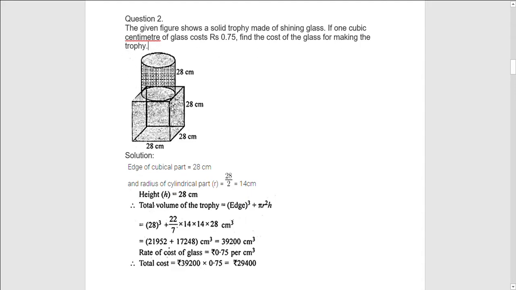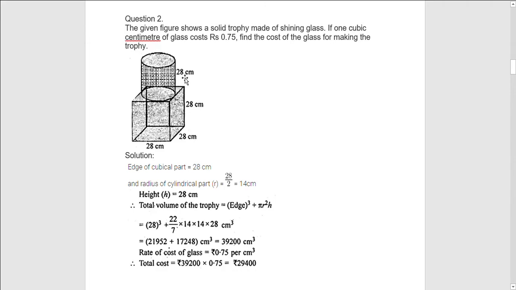Now as I told you in the beginning, whatever you are asked to find, you have to break the solid figure. So this solid figure is made up of what? One is a cube. You can see all the sides are equal, it means cube. And what is this? Cylinder. If you look at the figure, what is the height of the cylinder?